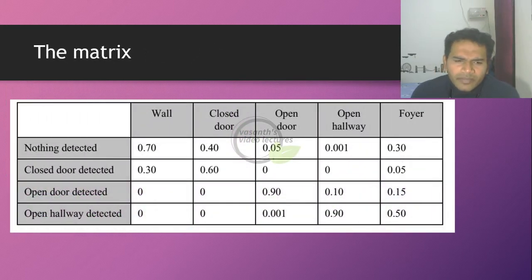So they have derived some metrics for detection. If it is a wall, it has taken 0.70. Whether the door is closed or not, it has taken 0.40. Door open condition, 0.05. So that means they have given a typical map for each and every possible solution. For example, in the fourth case it is 0.30.